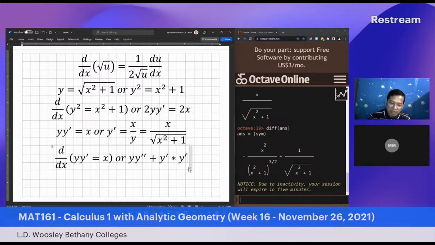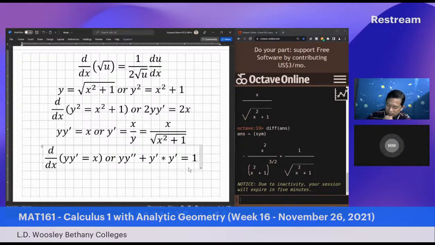Alright? Y prime squared is equal to derivative of x. What's derivative of x? Derivative of x. What's derivative of x? Ano po? O yun. Kaya ko nakalimutan na ay.